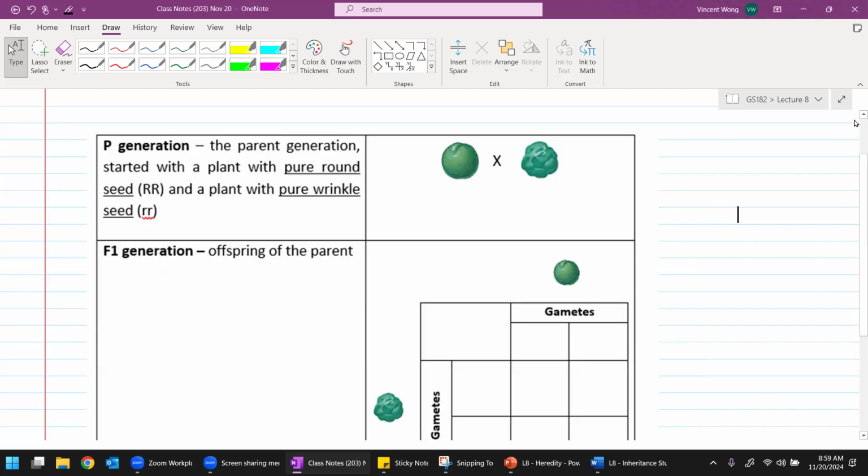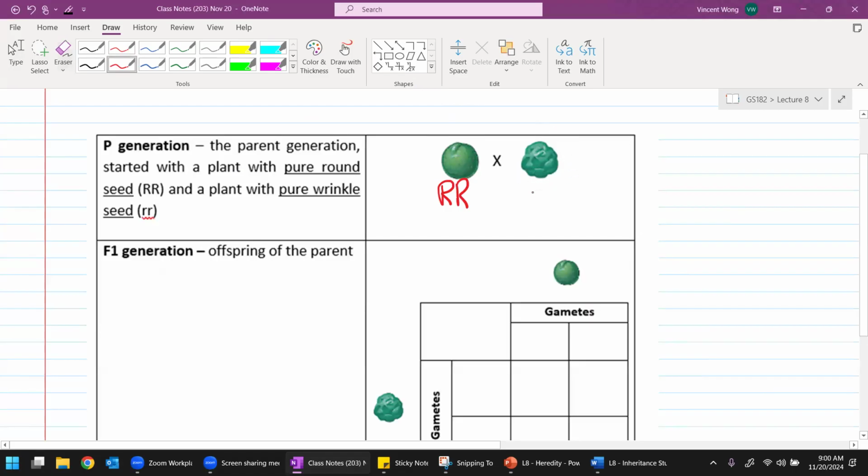Based on that observation, he concluded that the plants are pure: pure round seed and pure wrinkle seed, because all the plants for many generations are always round or always wrinkle. If you have a plant where some generations are round seed and some are wrinkle seed, then it's not pure. So he concluded that this plant is round all the time, so it's pure round. So big R, big R.